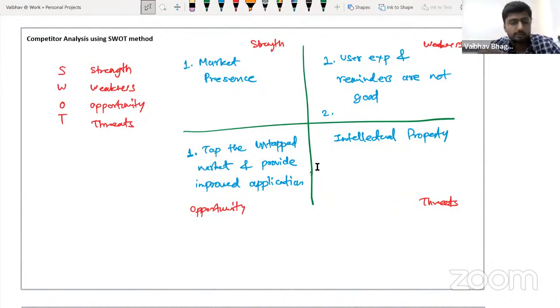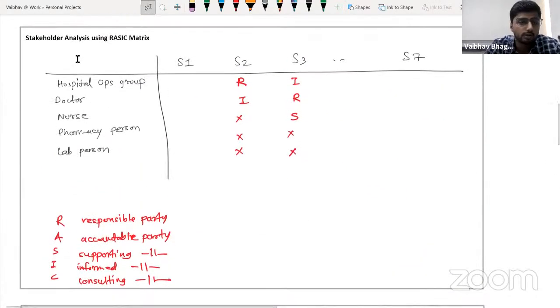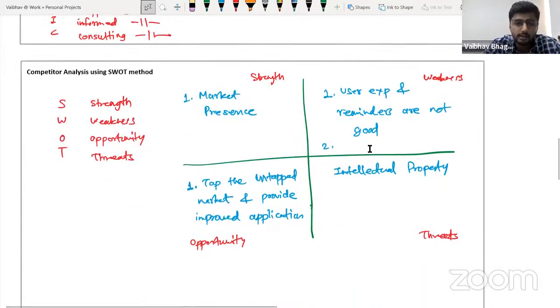So, as we have gone through this example, you can do this SWOT analysis for all the competitors. You can also do the SWOT analysis not for the competitors alone. You can do it for these people also. Let's say a lab, a pharmacy person can be a competitor for the solution that you're thinking. Once you do the SWOT analysis, you'll get a lot of opportunity points to work upon.